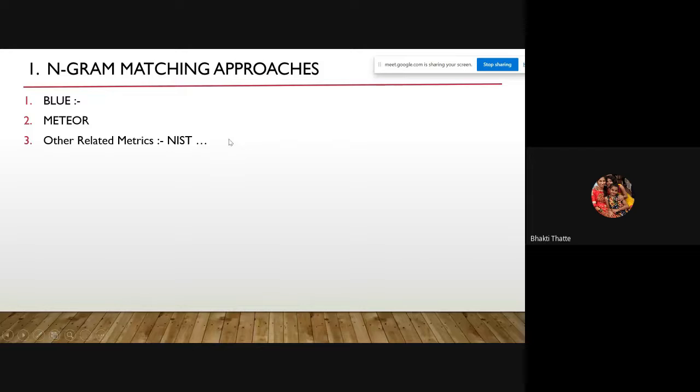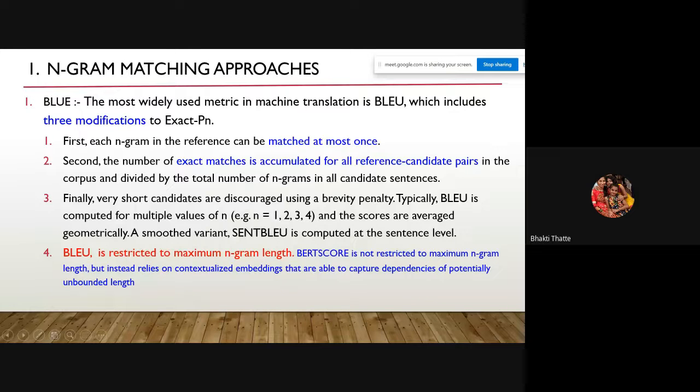BLEU is a widely used and famous metric, and it uses three modifications. First, each n-gram in the reference can be matched at most once. Second, exact matches are accumulated for each reference-candidate pair. And third, very short candidates are discouraged using a brevity penalty.